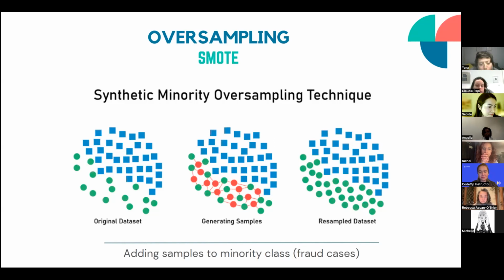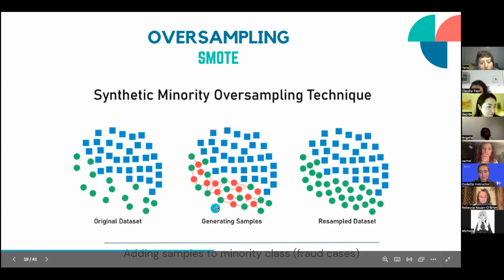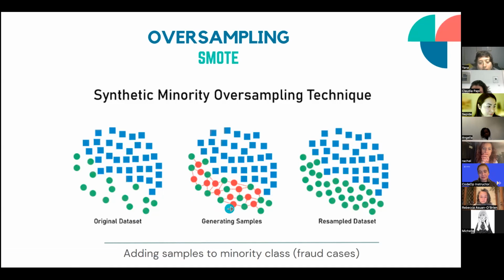The green dots represent the minority class, the fraud. In the middle, the red dots are the synthetically generated instances to balance the data set. In the end, the resampled data set has more or less the same number in the minority and majority class.